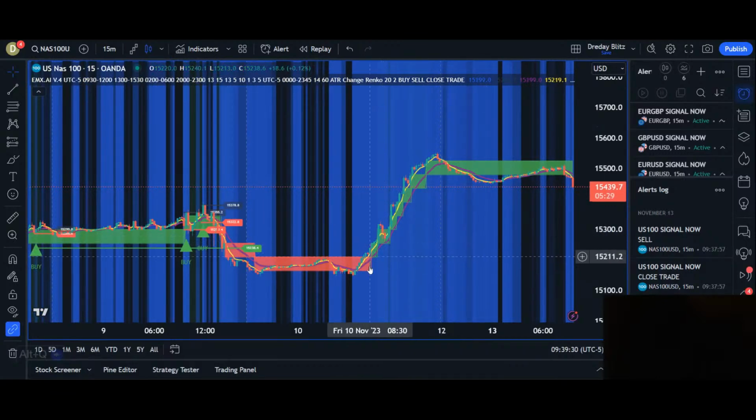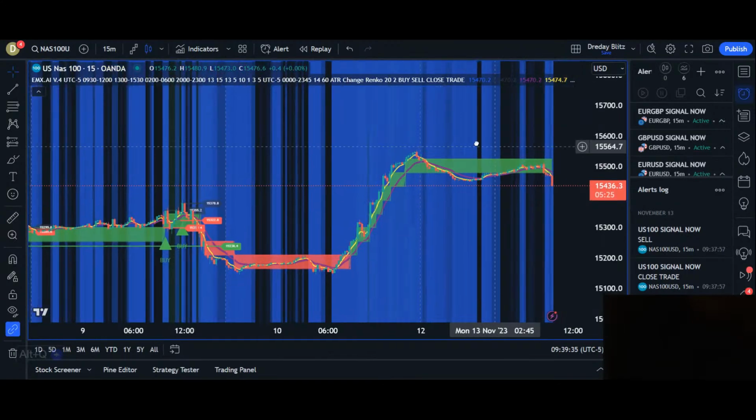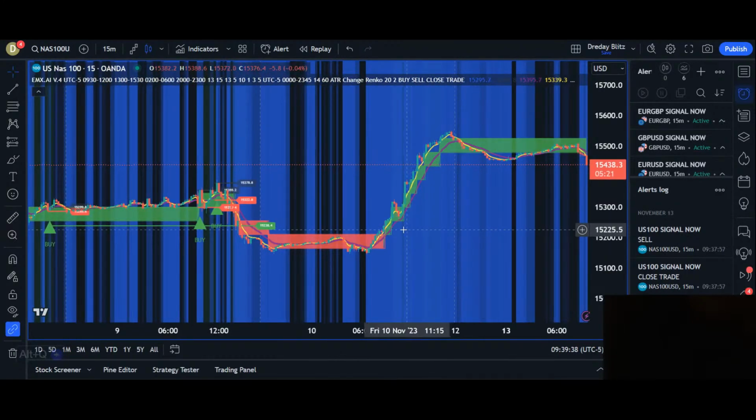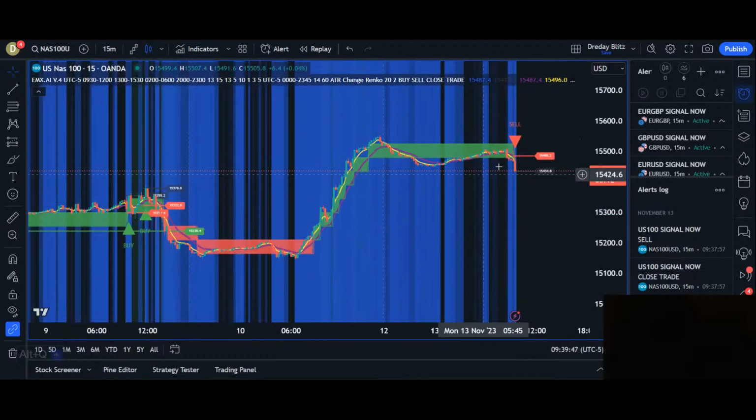Let's say it was bullish from here till here. If we had a signal for buy, you would have kept your buy position until the price changed color, from green to red.